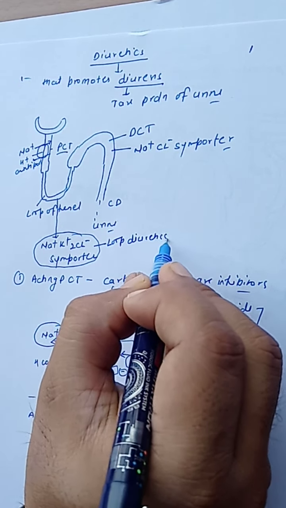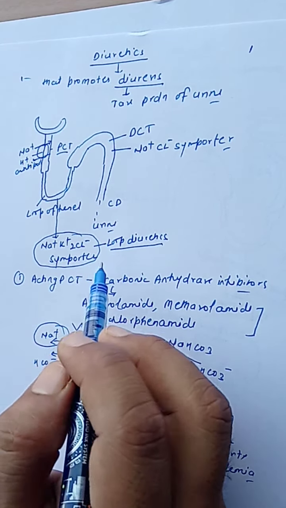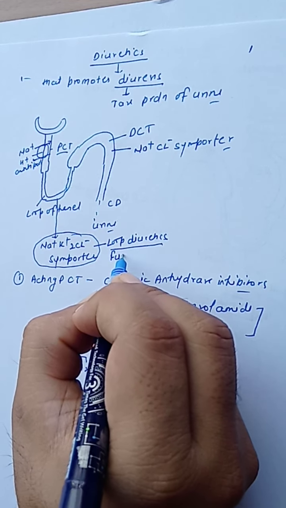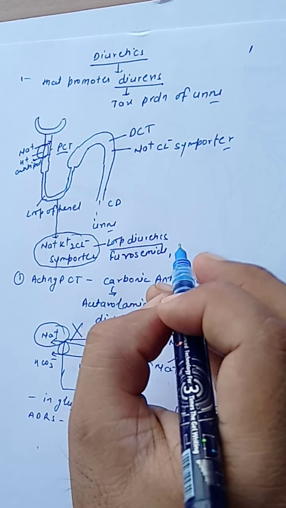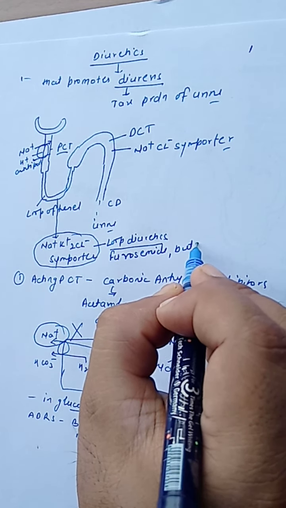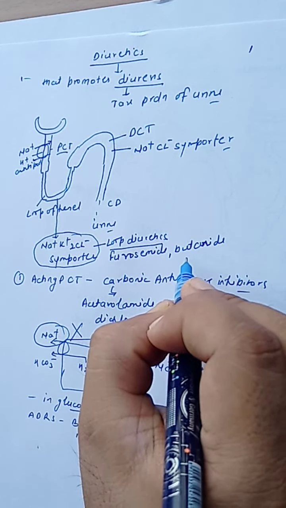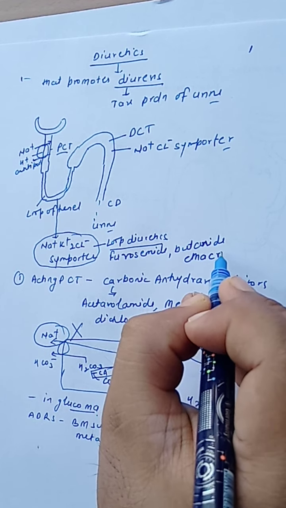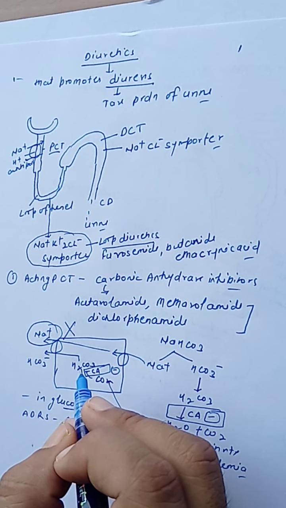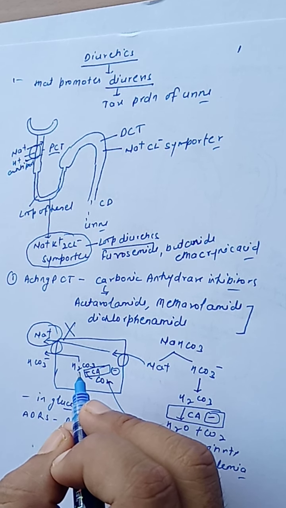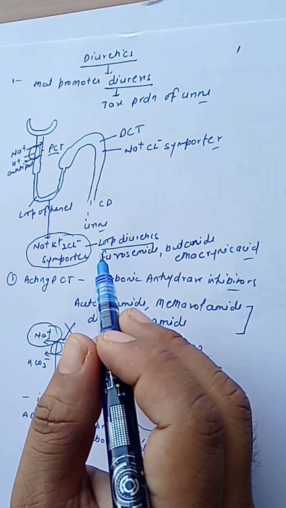They inhibit the sodium potassium 2 chloride transporters, and the drugs are furosemide, bumetanide, and ethacrynic acid. These are used to remove edema in renal, hepatic or cardiac disease.